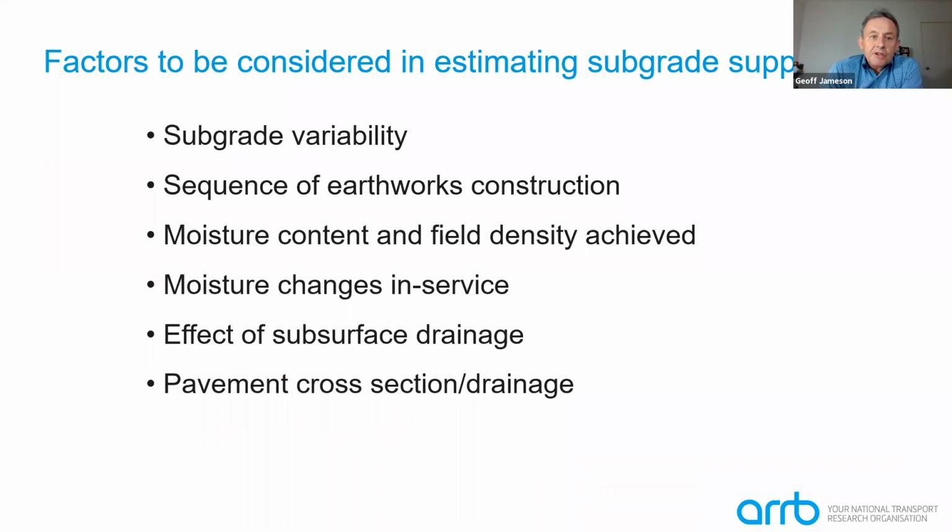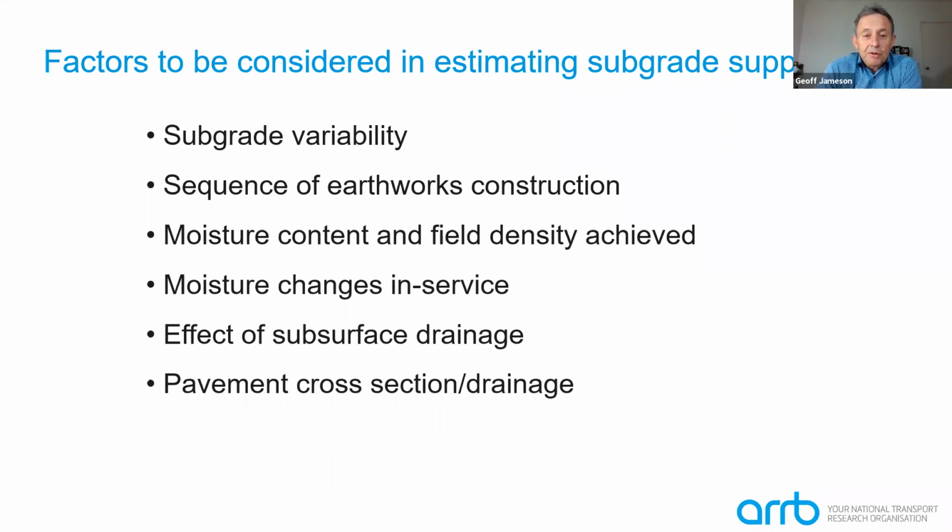Some of the factors that need to be considered when a designer is estimating the subgrade support for the structural design: one of the key things is the subgrade variability along a project. These in situ materials, of course, vary markedly along the length of the road. Another factor is what happens during the earthworks construction.